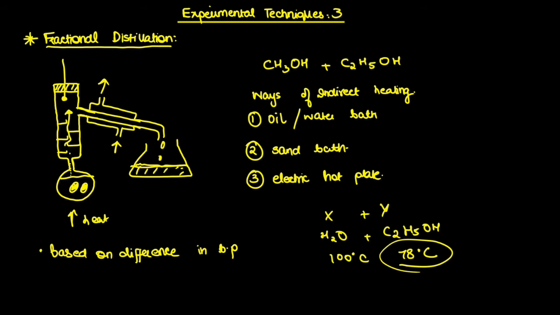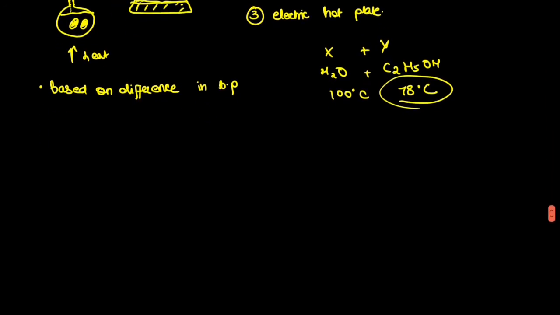Okay, let's start with the purpose of the fractionating column. First of all, it separates liquids on the basis of boiling points, just as I described in the process above.